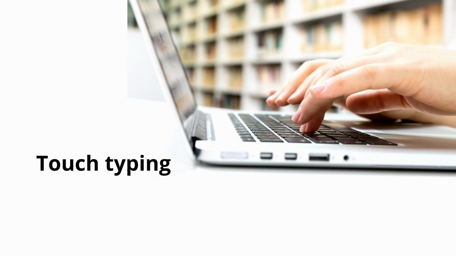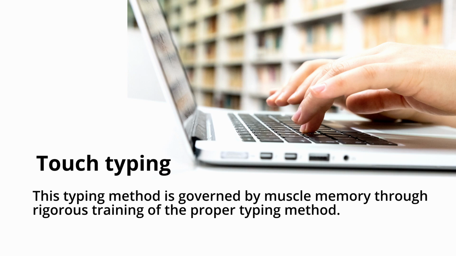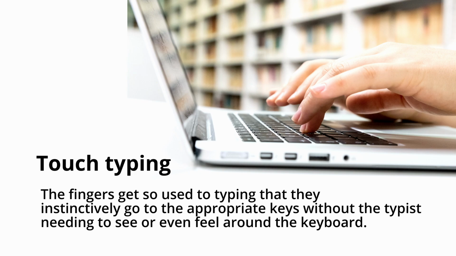However, the sense of touch is only slightly involved, since this typing method is governed by muscle memory through training with the proper typing method. This way, the fingers get so used to the typing that they instantly go to the required keys on your keyboard without you, the typist, needing to see or even feel around the keyboard.